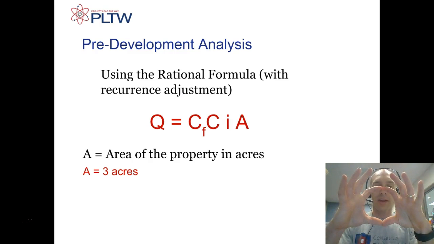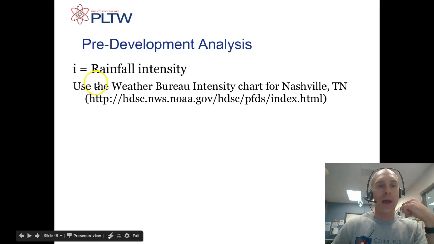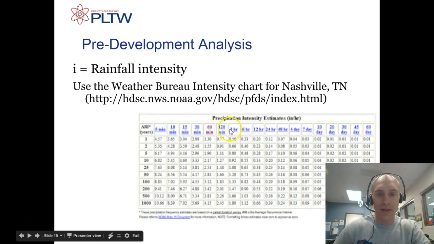You should draw a rectangle and label it 3 acres and label it pre-development. We know the area, so we write A. We're going to have to write all these variables down. For I, we get the intensity from this website. I'm going to give you that in the assignment. The intensity for a 25-year 1-hour storm is 2.54. So that's our I value.